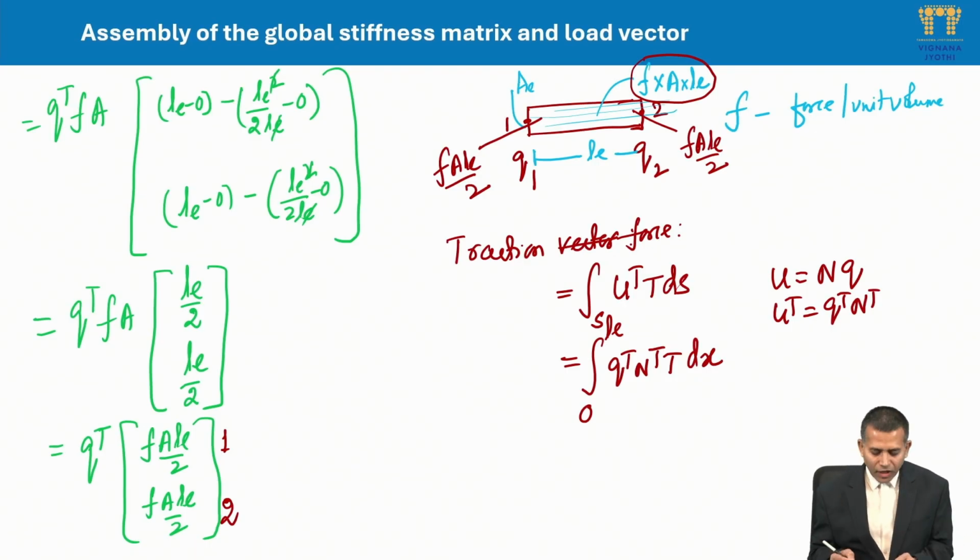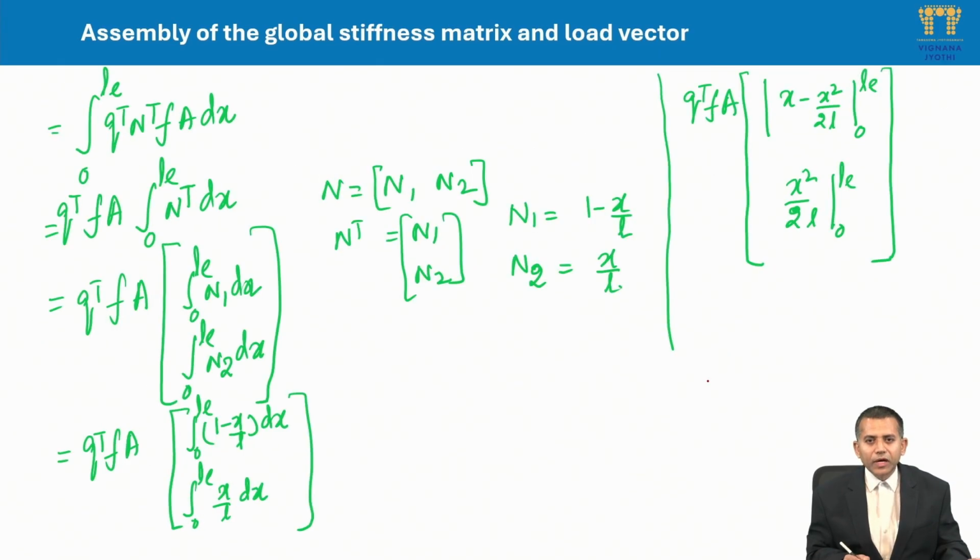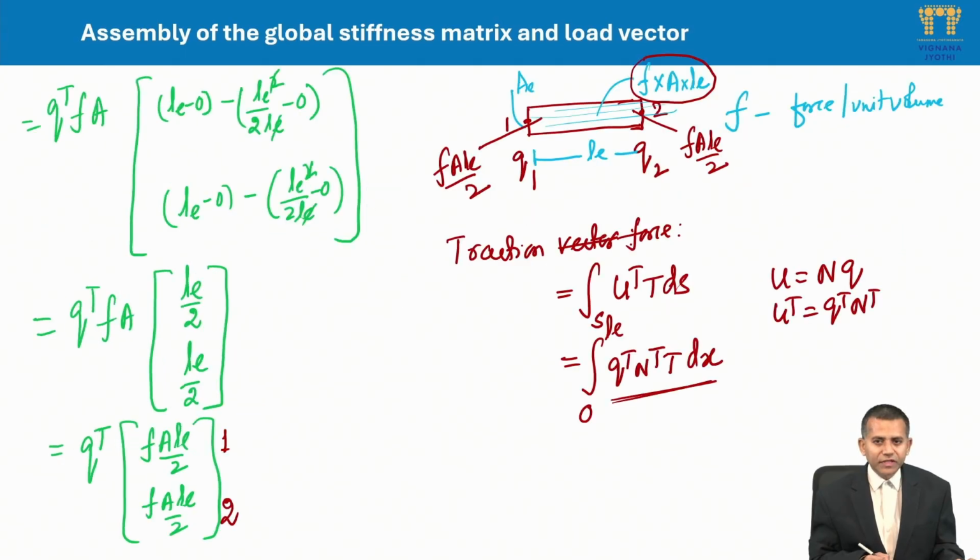T into dx. And now if you observe this expression, and if you observe the previous expression, 0 to LE f A into dx, what is the difference between these two expressions? The only difference is that here we have f into A, which is a body force multiplied with its cross sectional area, and in this expression, that is T into dx, right?